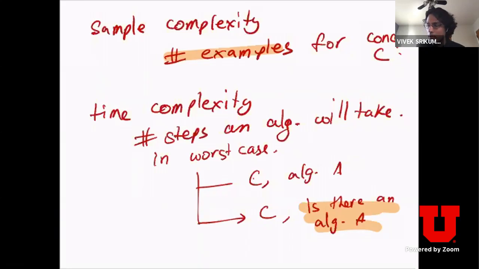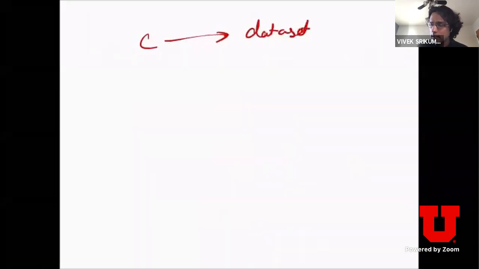This is an interesting and important point, so let me revisit this briefly because it may have slipped through. Let's take a certain concept class C for which we have some data set with M examples.